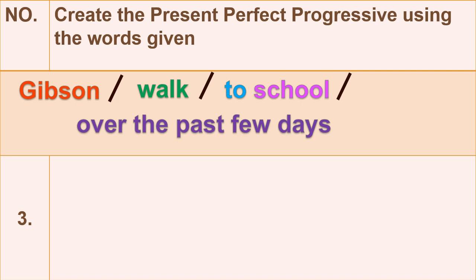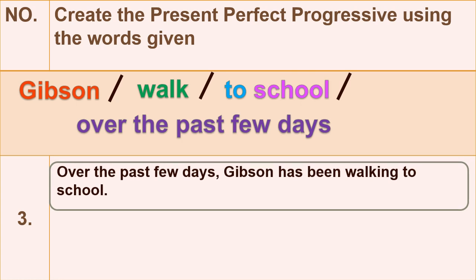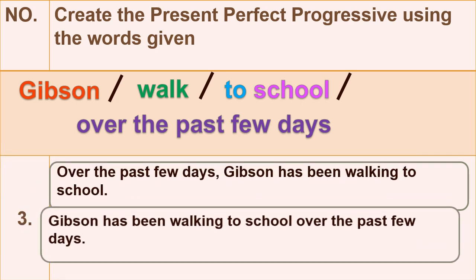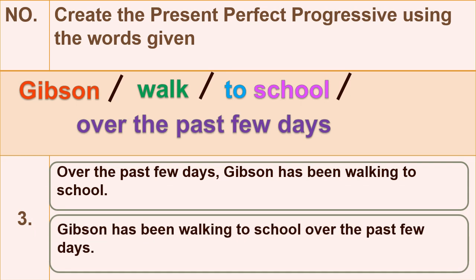Okay, the correct answer is: over the past few days, Gibson has been walking to school. Or Gibson has been walking to school over the past few days. You can put over the past few days at the beginning of the sentence, or you can put it after the sentence.